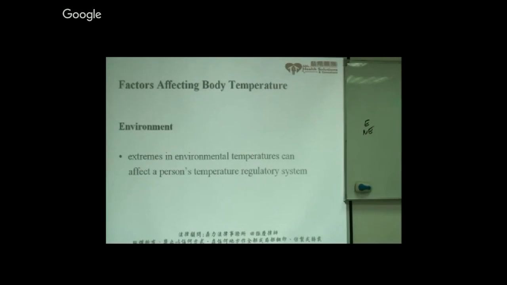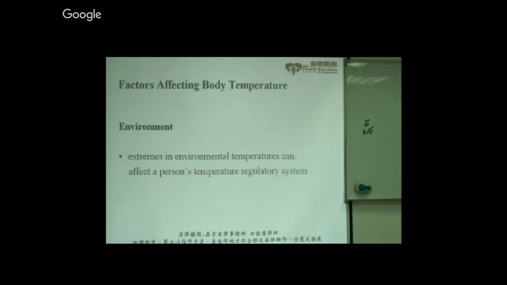Next will be your environment, the environment around you. Like now, winter. Extreme environmental temperatures can affect a person's temperature regulatory system, or what we call thermoregulation. The same as what I wrote down earlier, due to decreased thermoregulation.